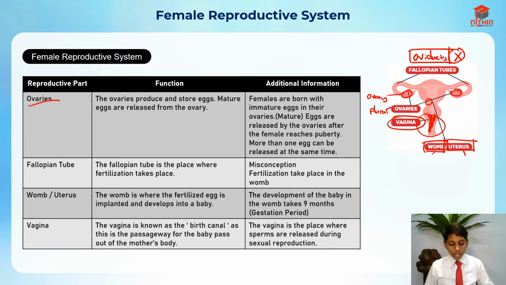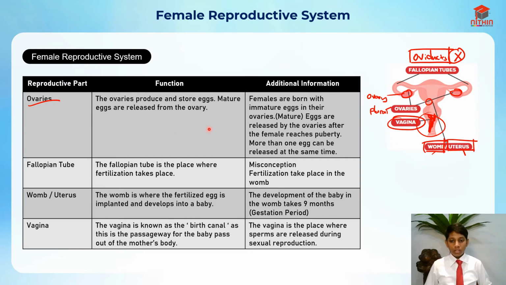First, the ovaries. The ovaries produce and store eggs. Mature eggs are released from the ovary. So ovaries are just like the testes; they produce the reproductive cell.